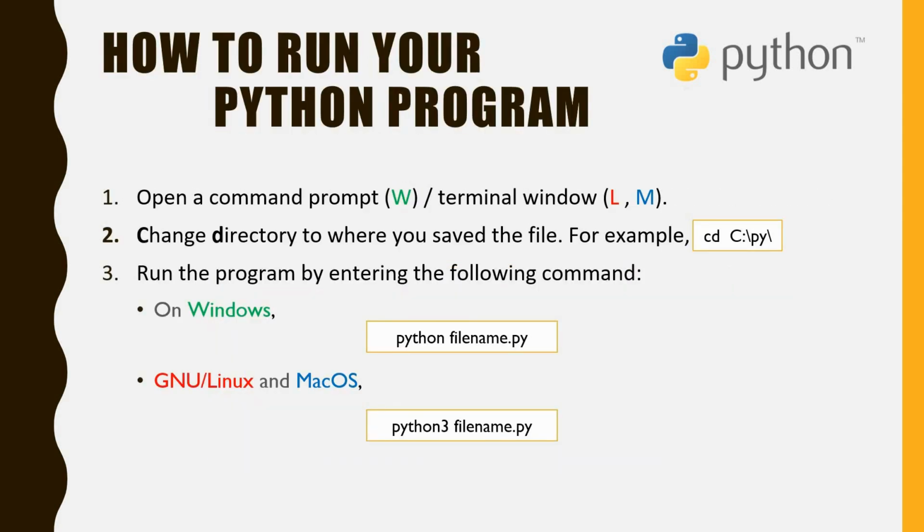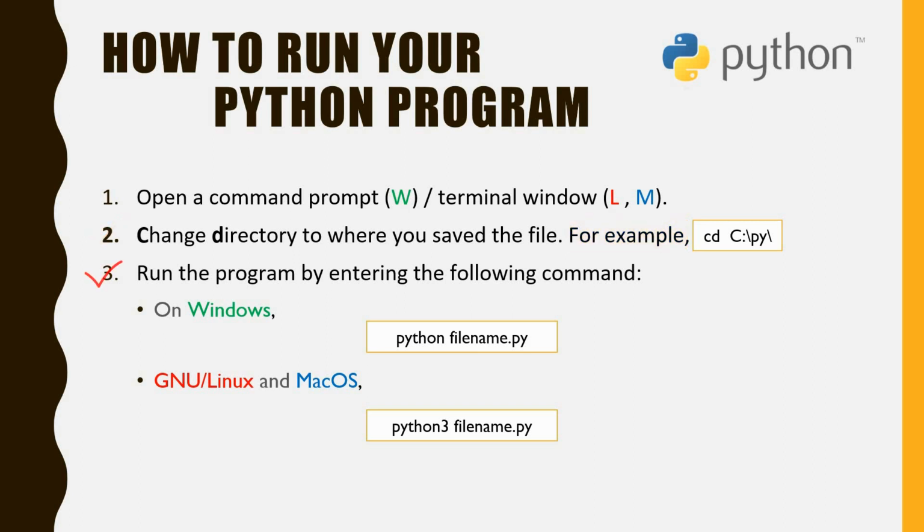Now, in order to run your Python code which you have written under a text editor, follow these three steps. The first step is to open a command prompt in case of Windows or a terminal window in case of your GNU Linux or Mac OS. Second step is to change your directory from your present working directory to the location where you have saved your file. For example, let us assume that we are storing our file in the C drive under the folder py.